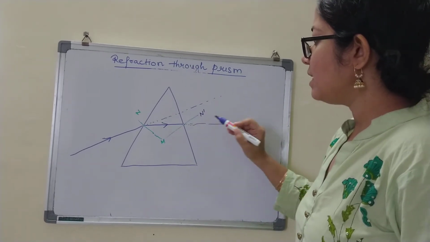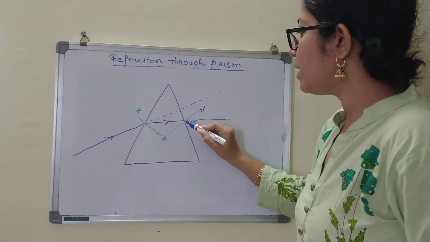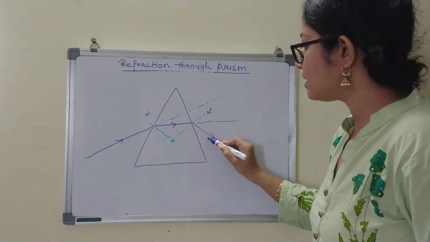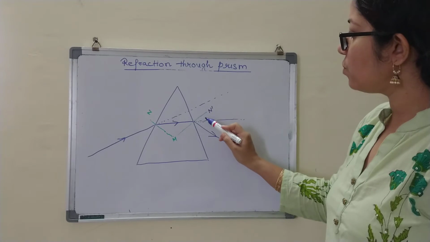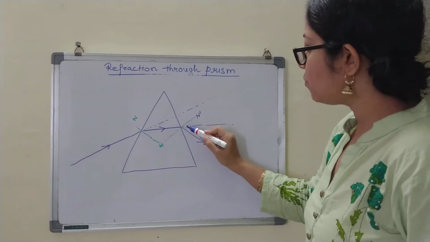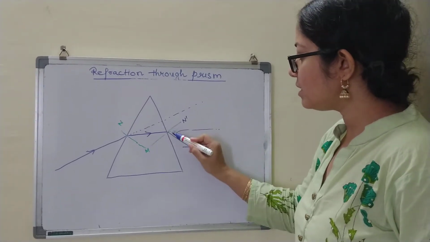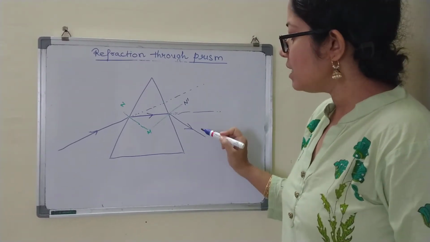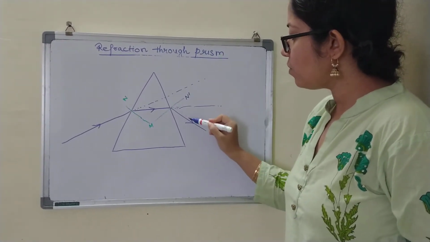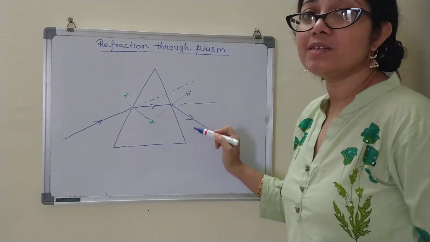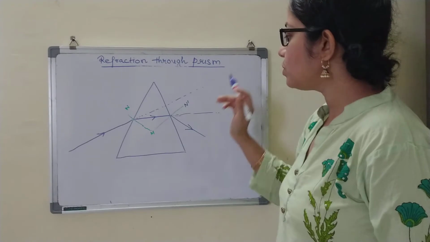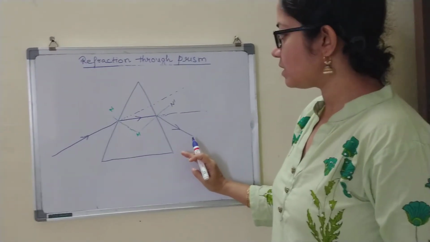But instead now it bends away from the normal. See, there is a second deviation happening: instead of going like this, it is moving away from the normal and it is moving towards the base. Now often the question comes, what is the direction of the emergent ray? The emergent ray always moves towards the base of the prism.